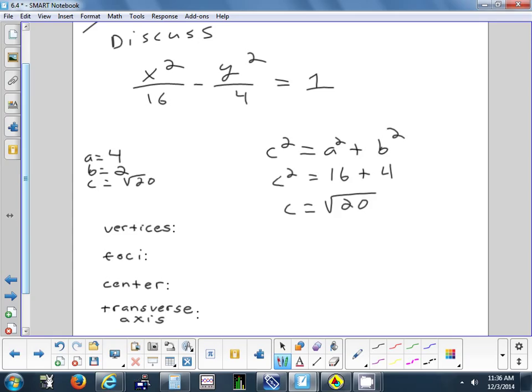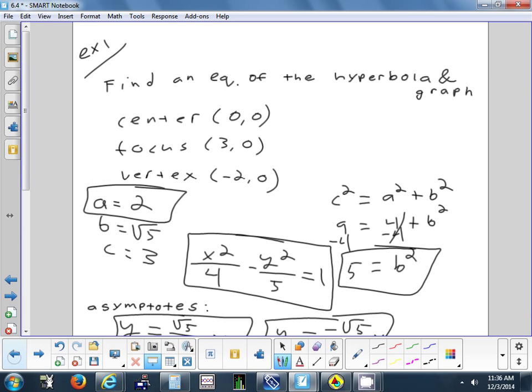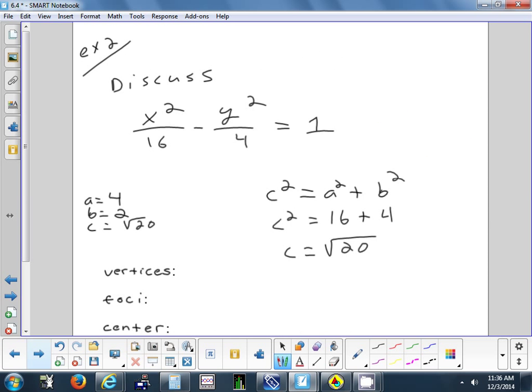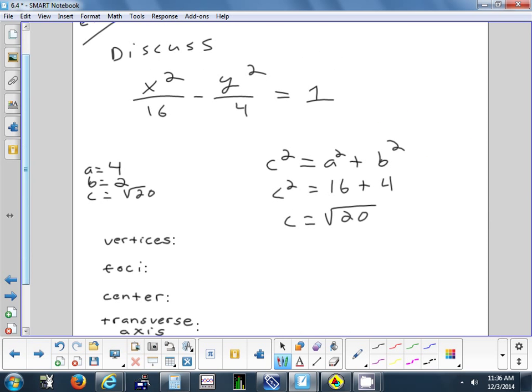Any questions on how we got any of that, A, B, or C? Okay, so let's write down our vertices. If you don't remember, let's just go back real quick. Negative a, 0, positive a, 0. So what are my vertices here?